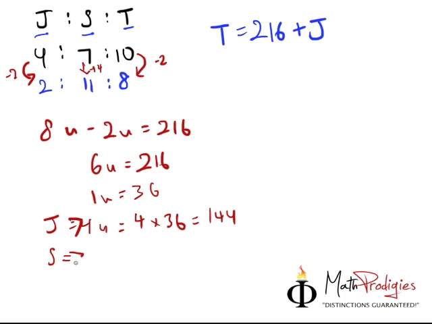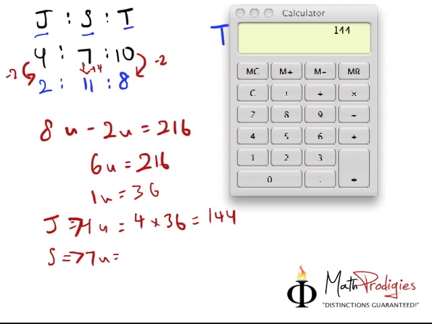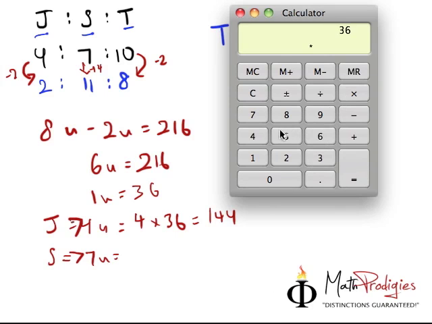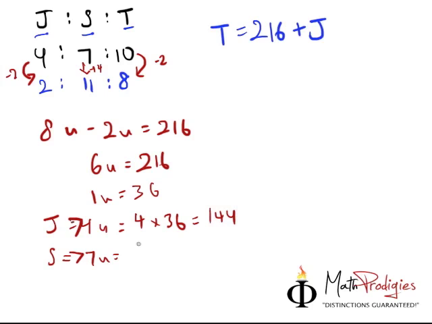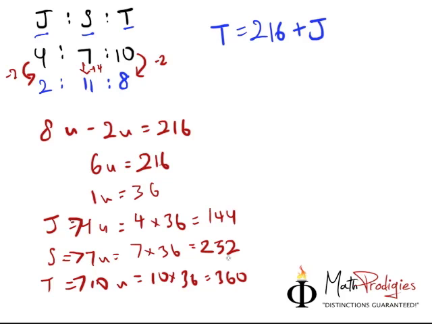Sean initially had 7 units, which equals 36 times 7, which is 252. And Tim had 10 units initially, which equals 10 times 36, hence 360. So J had 144, Sean had 252, and Tim had 360 at first.